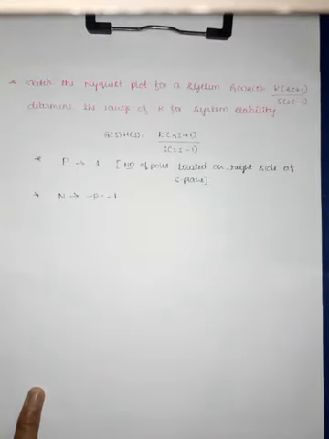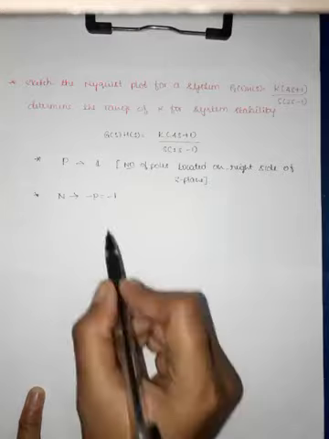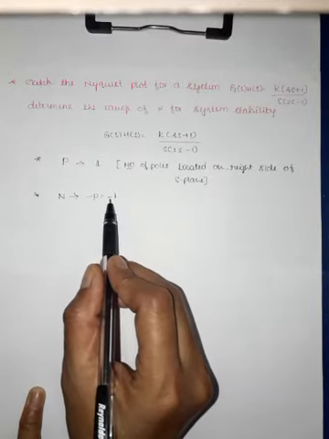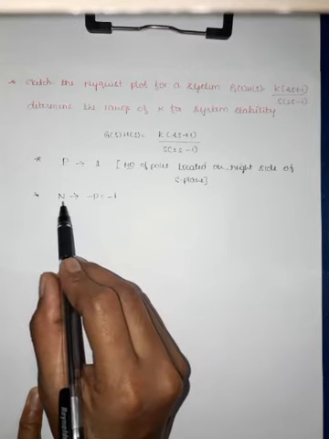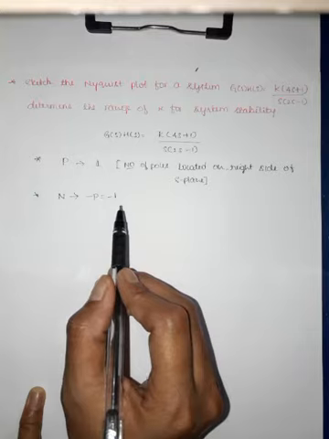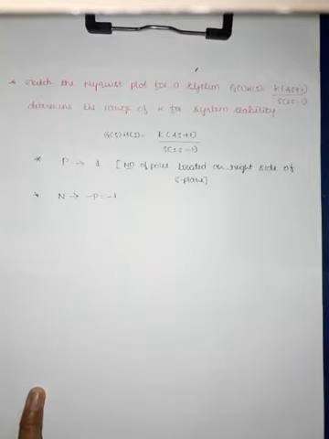So the Nyquist plot is going to encircle the critical point once, and it will be in the clockwise direction because we got N equal to minus 1. Once you have a minus sign for N, the Nyquist plot encircles the critical point in the clockwise direction.